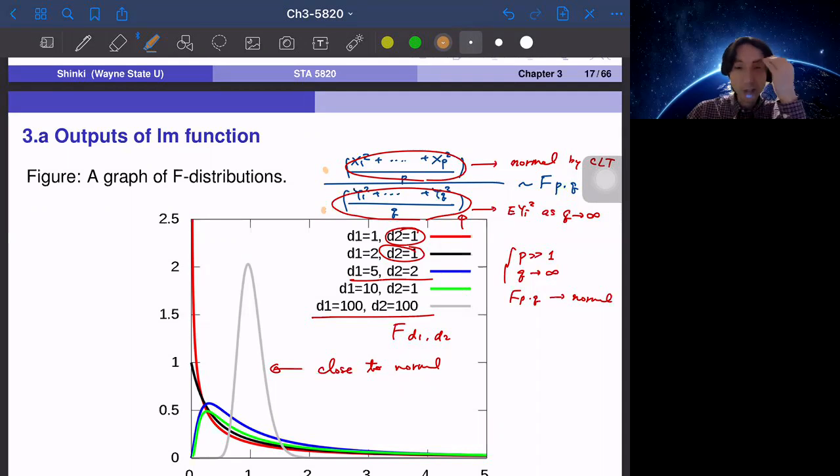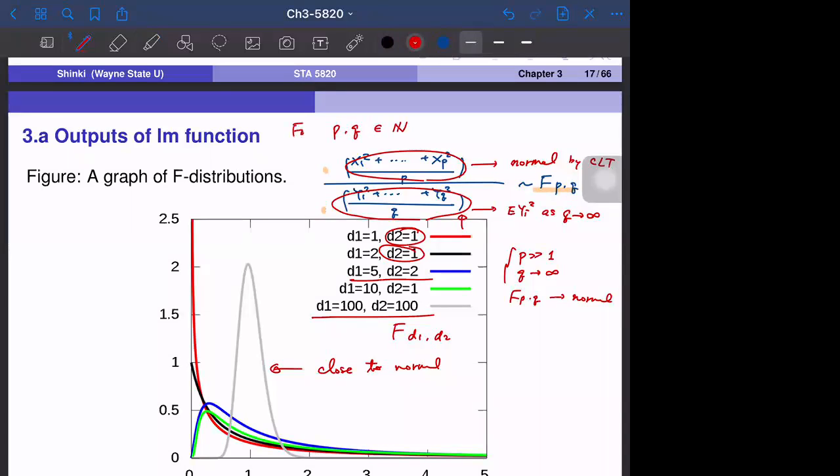Here, P and Q are just integers. I just want to define the distribution of F sub P, Q. So P and Q are just general integers, natural numbers. And not related to the number of variables or number of data?